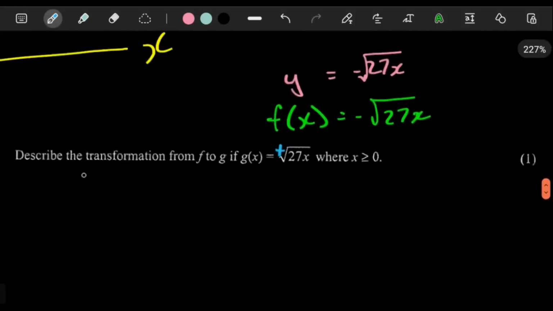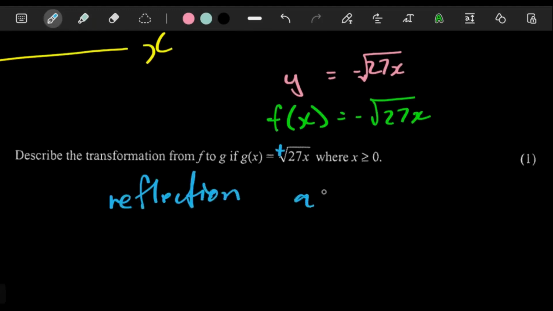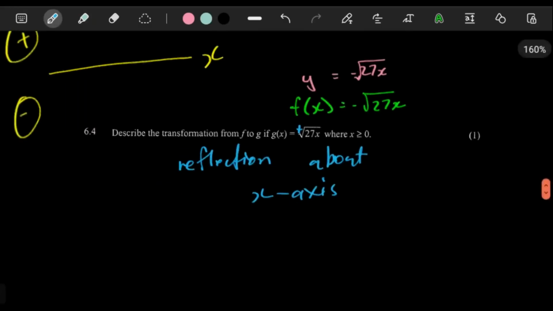So here, if they're saying describe the transformation, we can just say reflection about x-axis, because your y values, which is what f represents, have gone from negative to positive. So that's one more question.